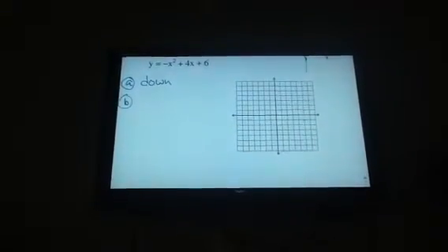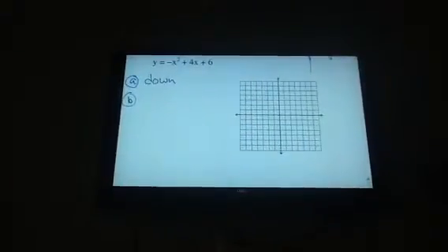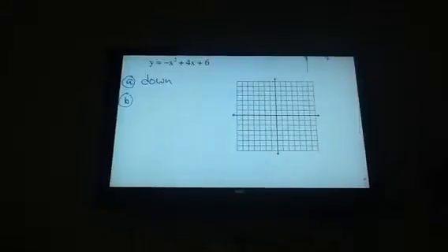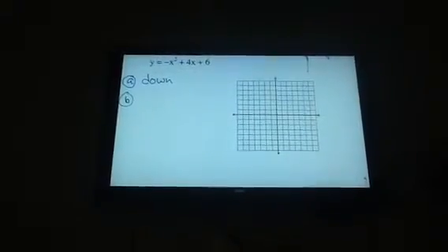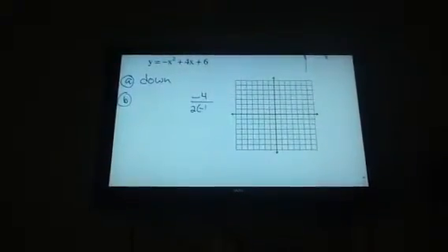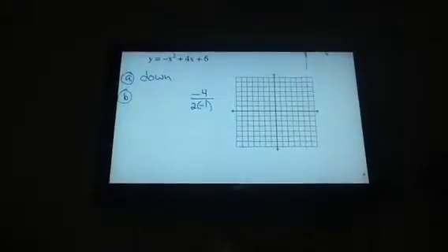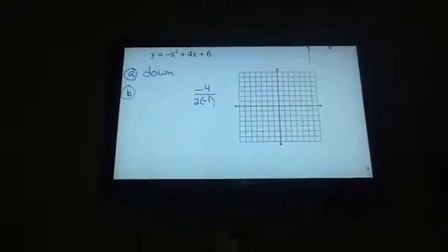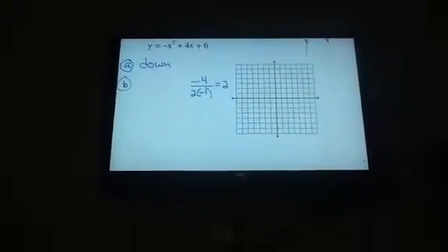My vertex. Now, for this type, this is where all your work is. Calculating the vertex is where all the work comes in. So you're going to do -b over 2A. So -4 over -2, which is +2.